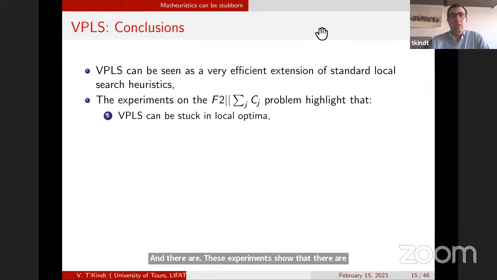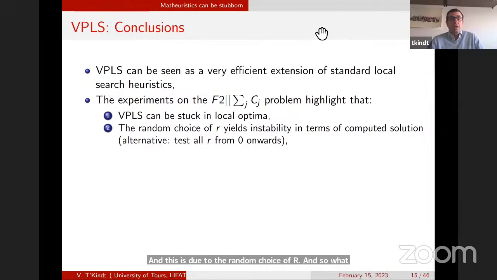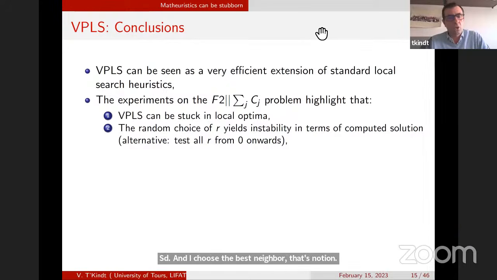First, it can get stuck in local optima, and this is due to the random choice of R. And so what are the alternatives? One may be to try all the possible values of R for a given solution ST, and choose the best neighborhood. That's an option, but that's very time consuming. So possibly it's not the solution to retain. I don't know. We'll talk about that later on.